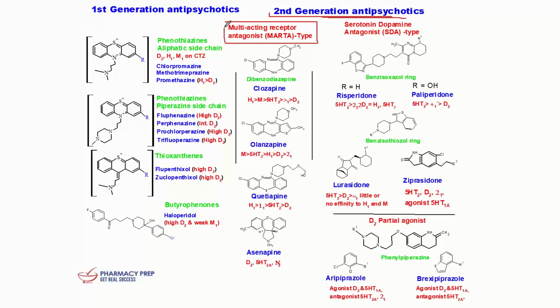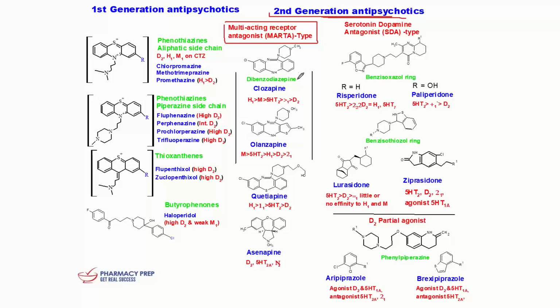The first one, the older ones, are multi-acting receptor antagonists, or you can say MARTA type. As the name itself tells you, multi-acting receptor antagonist means it is basically acting on multiple sites of the receptors. Therefore, they are considered as multi-acting receptors.